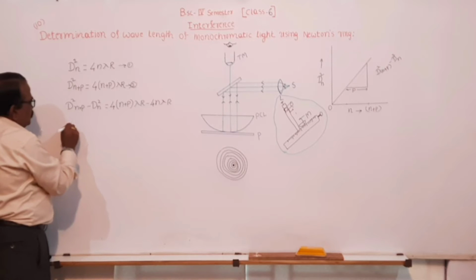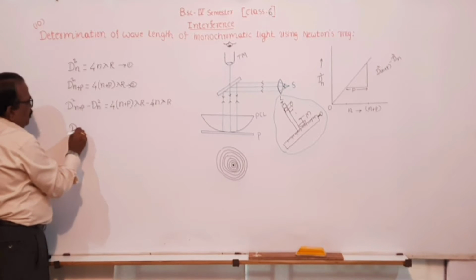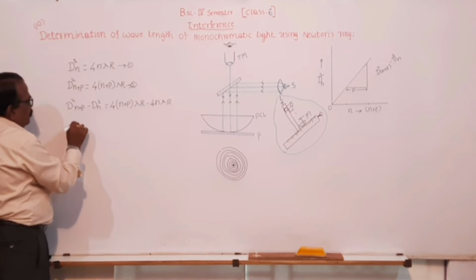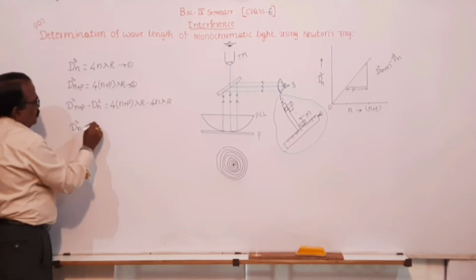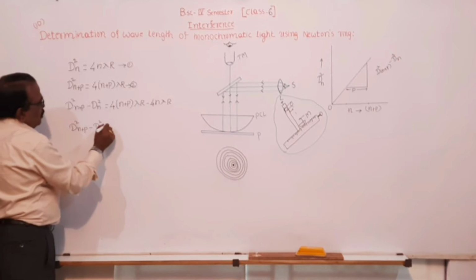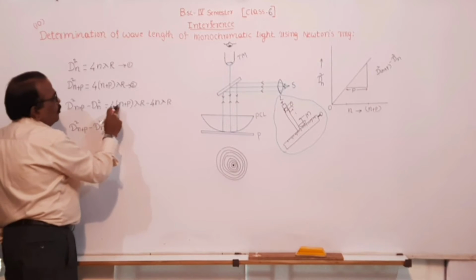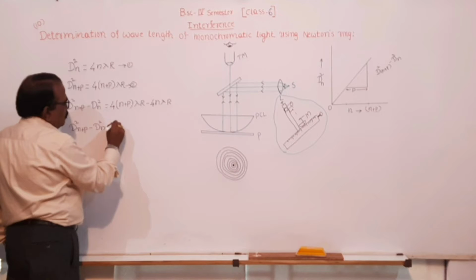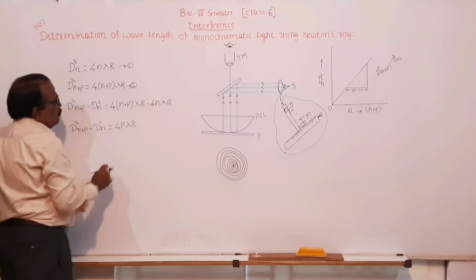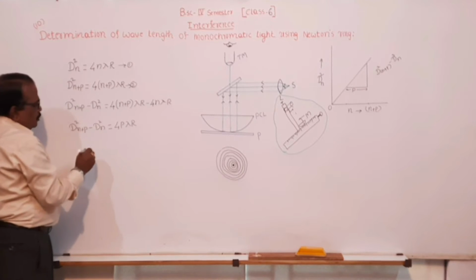You are going to get D(n plus p) whole square minus D n squared is equal to 4 p lambda R.